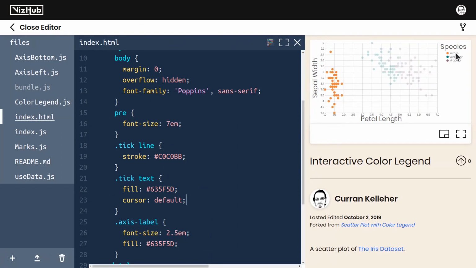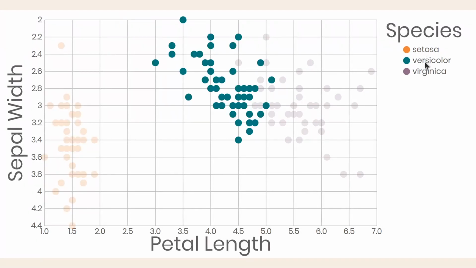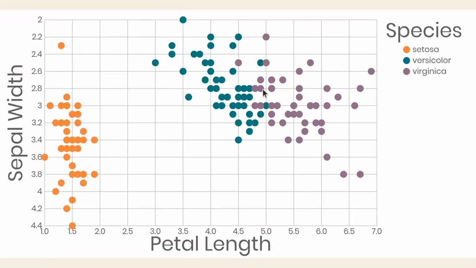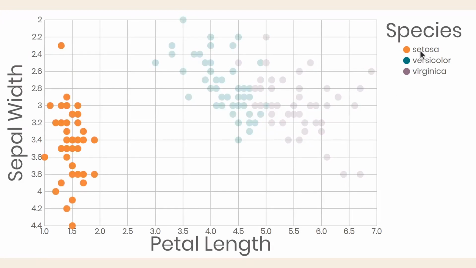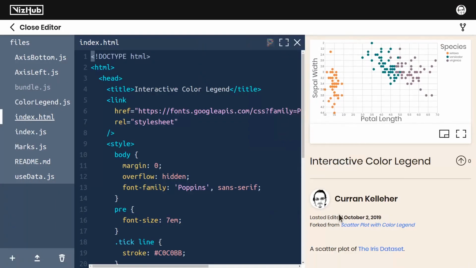Okay, great. The last minor piece of cleanup I'd like to do is make it so that these other legend items also fade out as you hover. It's kind of weird that the points on the plot fade out, but the color legend, the ones that you're not hovering, they stay full opacity, so let's address that.